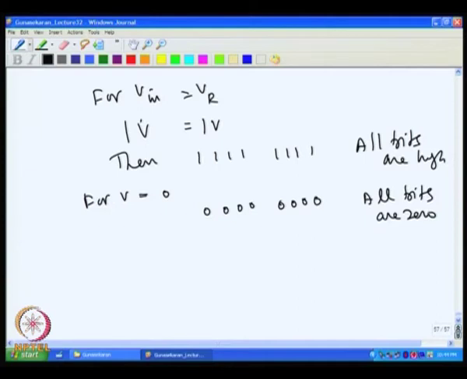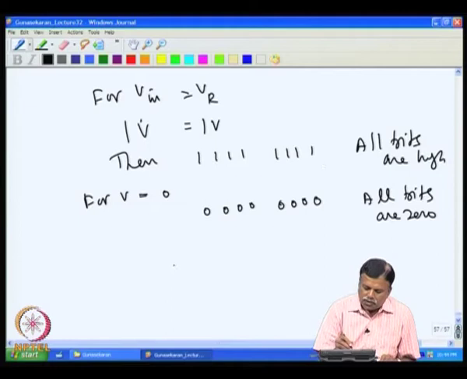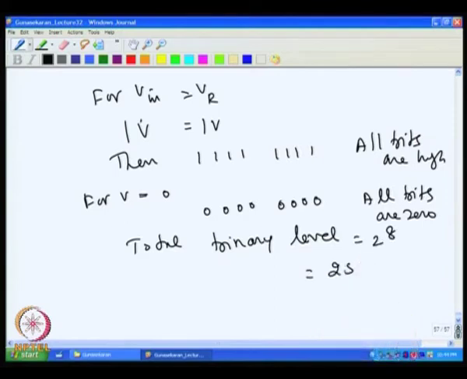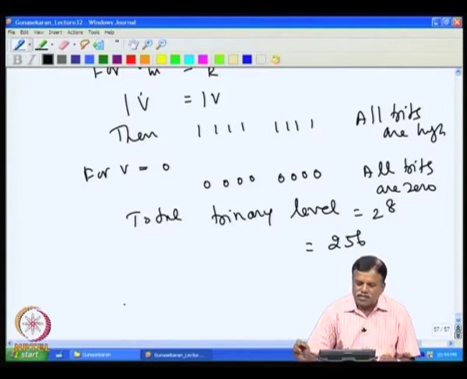That means for a 1 volt input range, we have a change from all zeros to all ones. The total number of binary levels is 2 power 8, which is equal to 256. So, essentially for 256 levels you have a 1 volt difference.